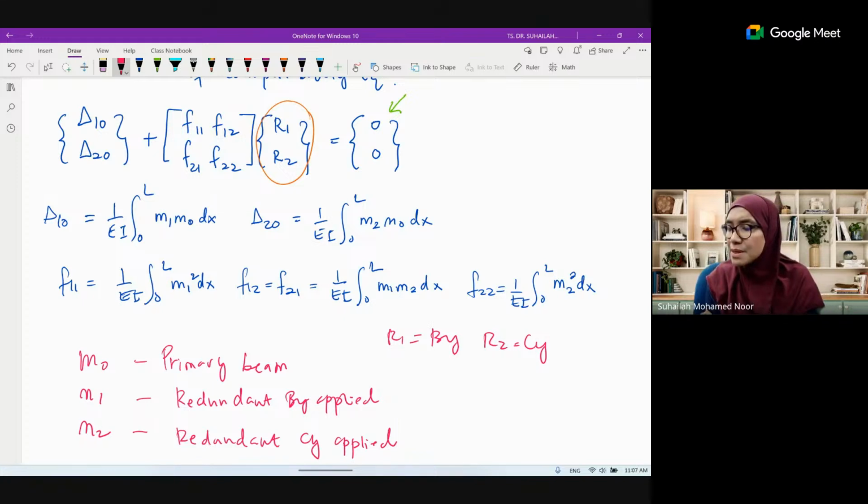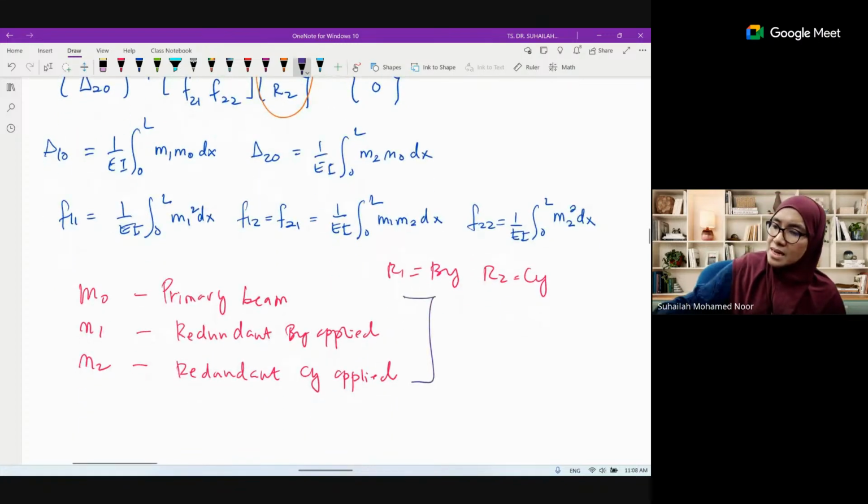These are the 3 systems that we want to analyze: the primary beam, redundant BY applied, and redundant CY applied, each with its moment equation.